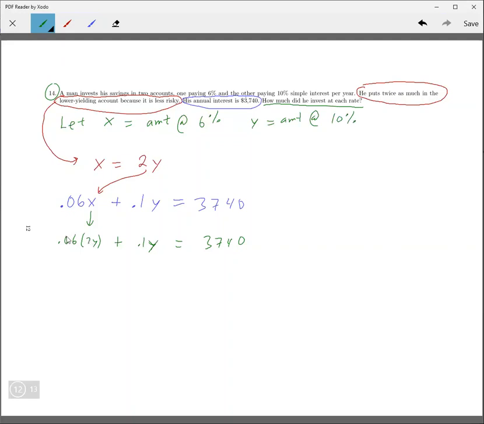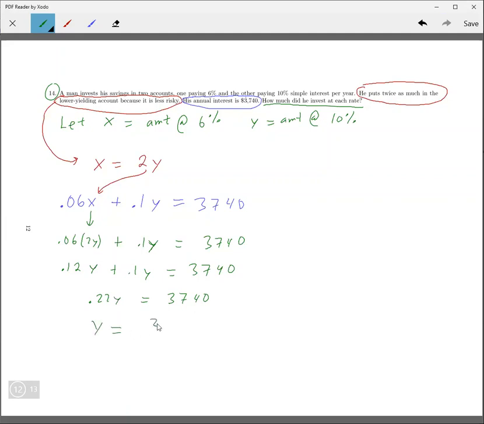So this becomes 2 times 0.06 is 0.12, and then these two combine to give you 0.22y.